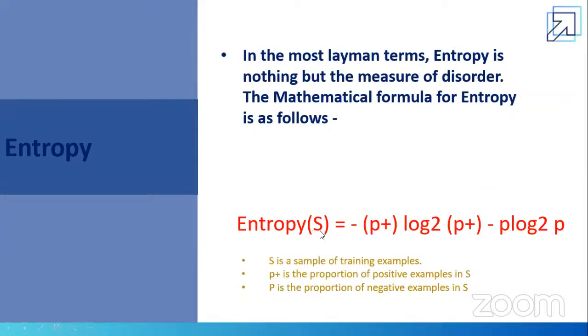P plus is the probability of the positive values, all the yeses, and p minus is the probability of the negative values, all the nos. Here S is the sample, that is the training data set. P plus is the proportion of positive examples, and p minus is the proportion of negative examples.